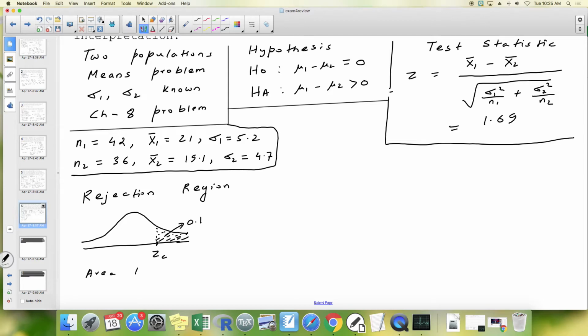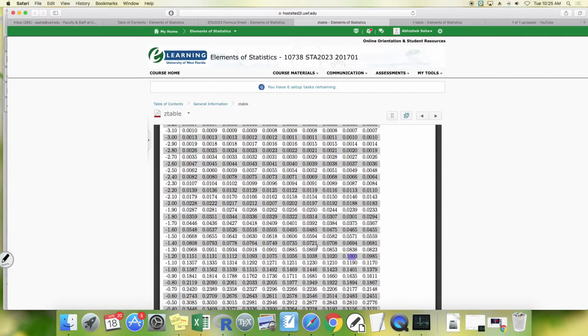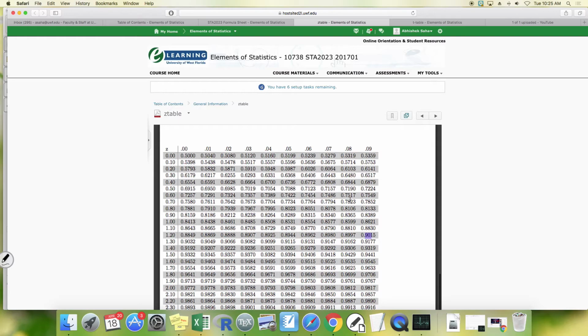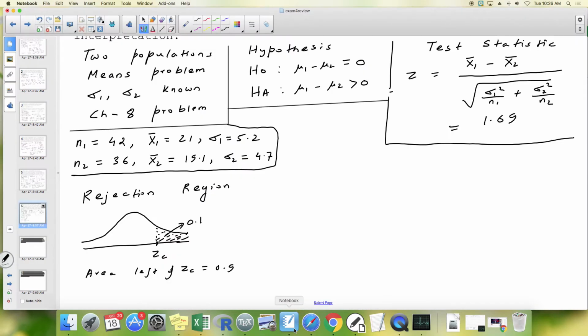Area left of ZC is 0.9. So let me search 0.9. 0.9 lies between these two numbers, 1.28 and 1.29, so ZC shall be 1.285.